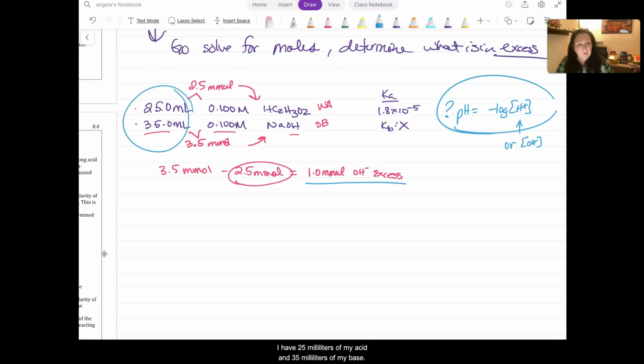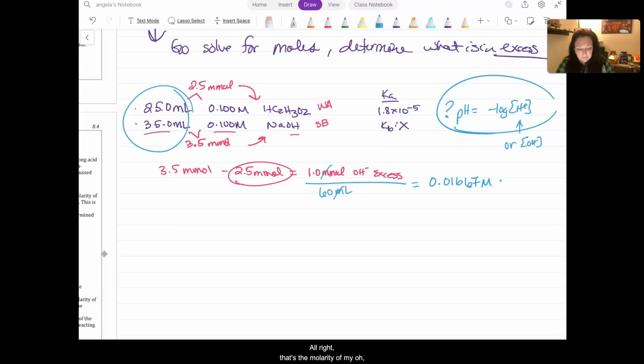I have 25 milliliters of my acid and 35 milliliters of my base. So when I add them together, I have 60 milliliters of my solution. Now your millis cancel. And then I get 1 divided by 60. It's going to be a little number. All right, 0.016, and it's like 66666, a whole bunch of them. Well, I'll just leave it right here for right now. I'll deal with the sig figs at the end.